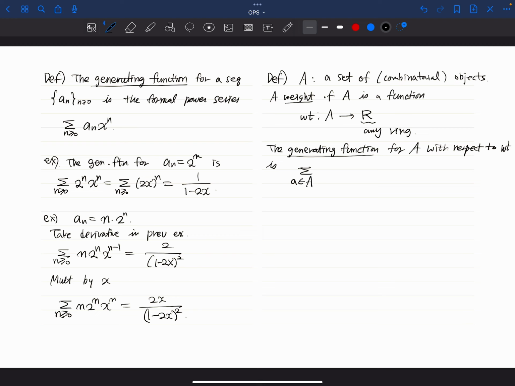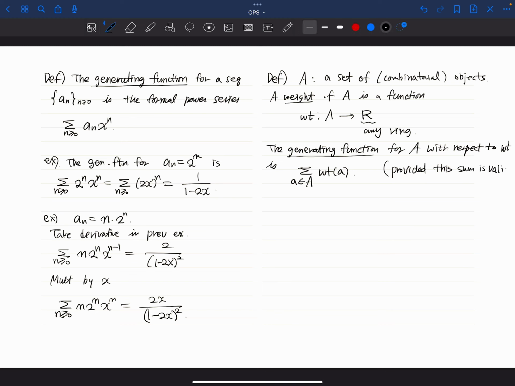You sum over all elements a in this set A, and you sum the weight. Of course, provided that this is a valid formal power series. Actually, I think this sum is valid provided this sum is valid.